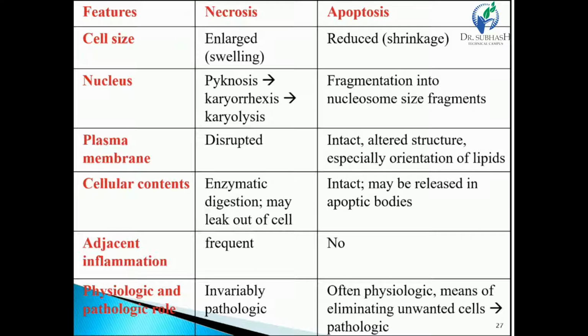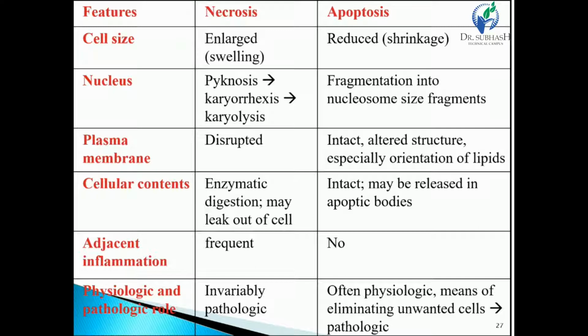Whereas in apoptosis, it will be intact and may be released in apoptotic bodies. In necrosis, it will be released straightforward into the surrounding tissues, the content of that digested cell. Whereas in apoptosis, it is not released directly, but forms apoptotic bodies, structures or vesicles which may have fragmented cells or specific organelles.